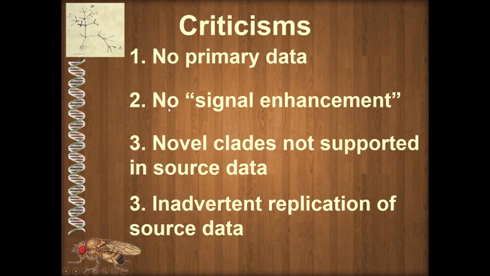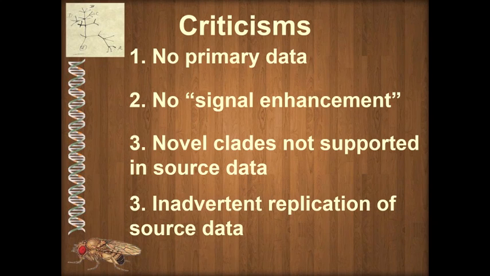Number 2, we might lose what has been termed signal enhancement when we combine the final outcome. So for instance, let's say that in a certain data set you have a signal that's telling you about some relationships, but it's kind of swamped out by the noise, like the random mutations, the back mutations, the things that make doing phylogenies complex.